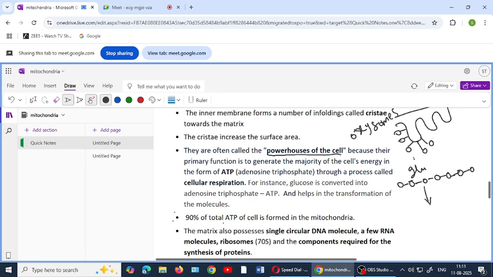Some enzymes act here and fractionate this long chain like this, so it becomes fractions. What are the real contents here? Here ATP is produced, and carbon dioxide is produced, and water is also produced.